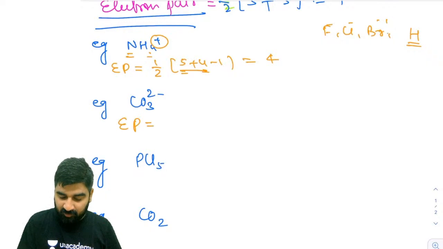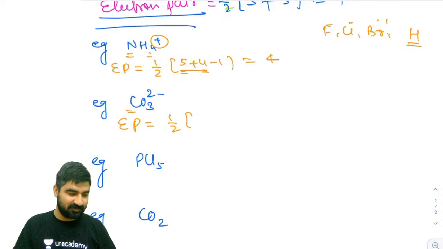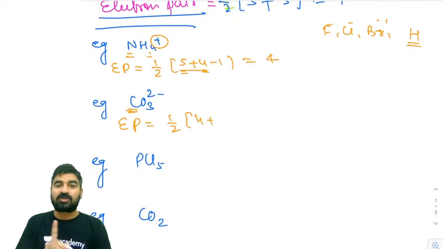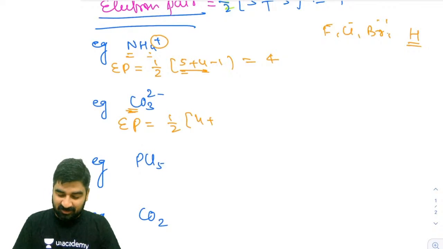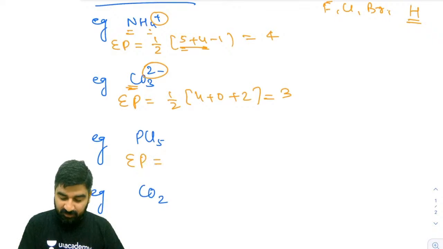For CO3 2 minus, half the number of valence electrons on carbon, so 4. This oxygen is not monovalent, so you write 0, then you write plus 2 because minus 2 is there, so you will get 3. Similarly, calculate the electron pair.